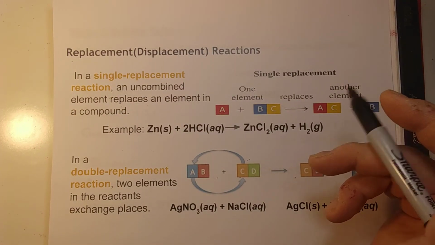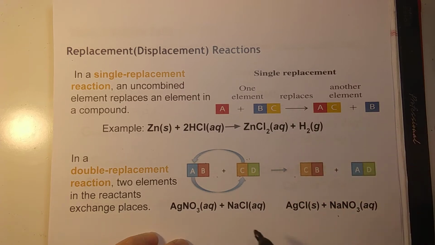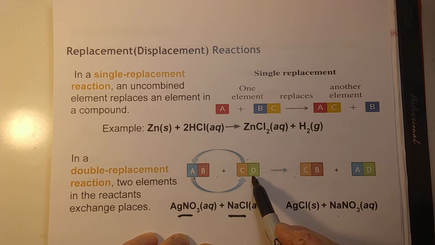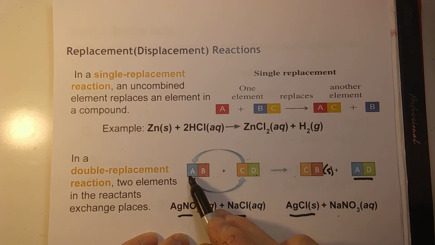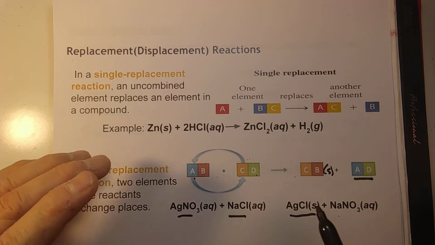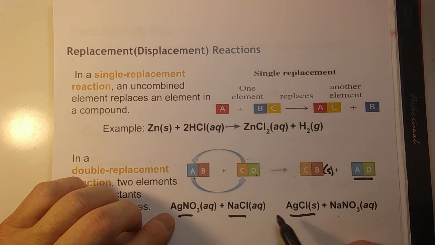So in precipitation reactions, again, we have a double displacement reaction where A is going to get together with D and B is going to get together with C. Let's say this one's our B and C. That's the solid that's formed. And this one might stay in solution, this combination of A and D. For this one, we'll say that silver is combining with our chlorine.